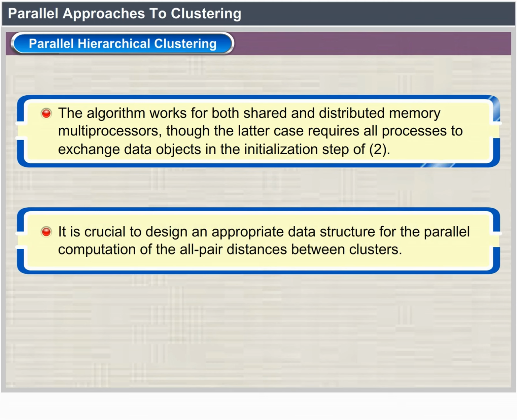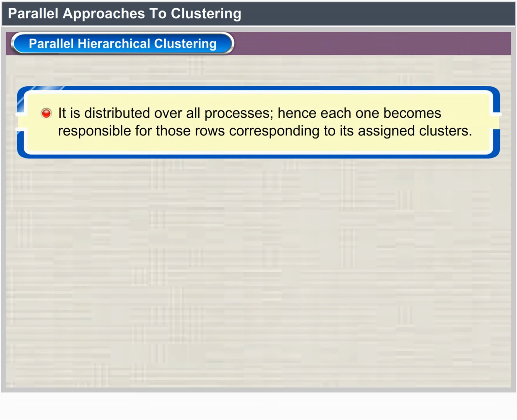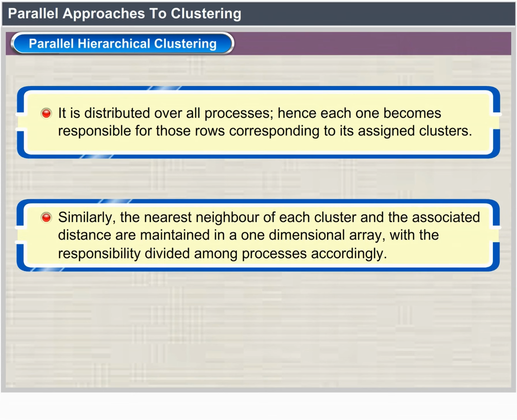For steps 2, 3, and 4 above, a two-dimensional array can be used to store distances between any two clusters. It is distributed over all processes such that each one is responsible for those rows corresponding to its assigned clusters. Similarly, the nearest neighbor of each cluster and the associated distance are maintained in a one-dimensional array, with the responsibility divided among processes accordingly.